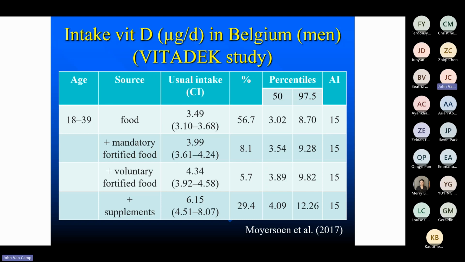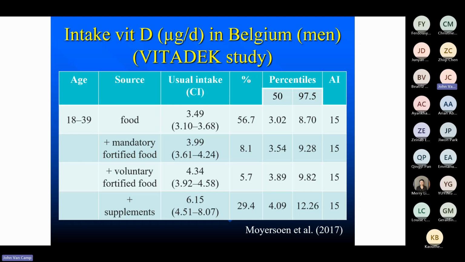And the mean value that you get is between 3 and 6 micrograms per day of vitamin D. And the adequate intake, the intake that could normally cover the requirements for 100% of the population, can be seen on the right of the table, and this is 15.